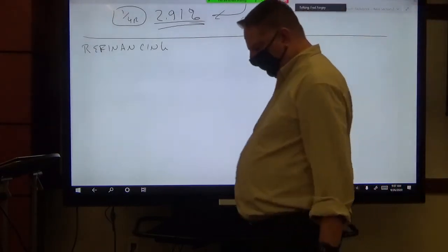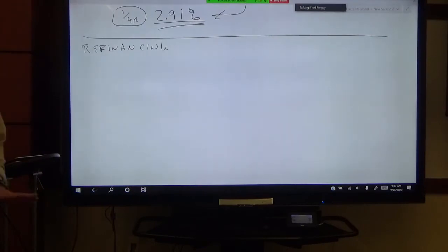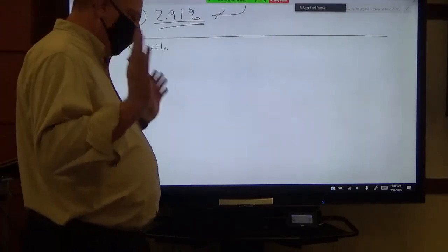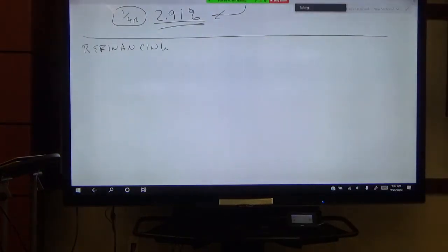Well, the problem with that is that usually, now there are always exceptions, but usually there are additional costs to refinance those loans, okay? In other words, it's not typically a cost-free transaction.